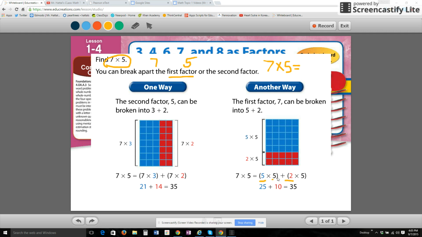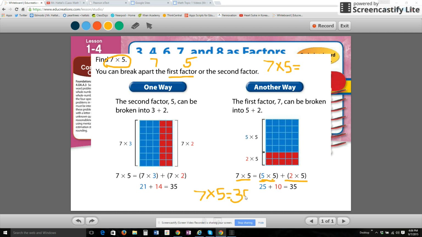So rather than one mathematical expression, we have 2 expressions, and we simply add them together. 5 times 5 is 25, plus 2 times 5, which is 10, equals 35. And we know from our math facts that in fact 7 times 5 does equal 35.